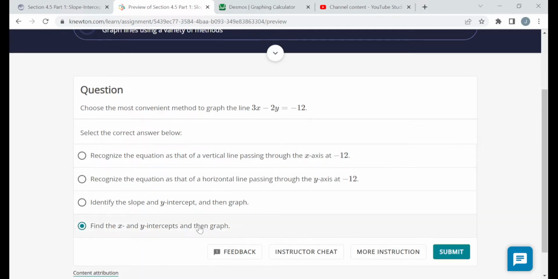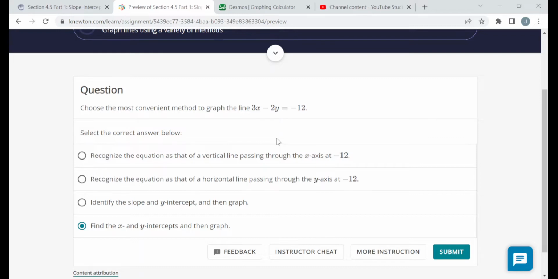I would say do that. Now, if these coefficients didn't go into 12 evenly, say one of them was 5x and the other was like 7y, then I would do the whole slope and y-intercept thing. Obviously, it's not a vertical line or horizontal line.